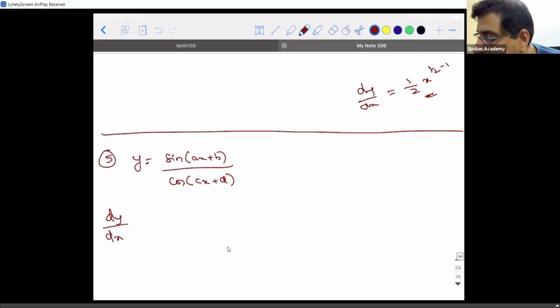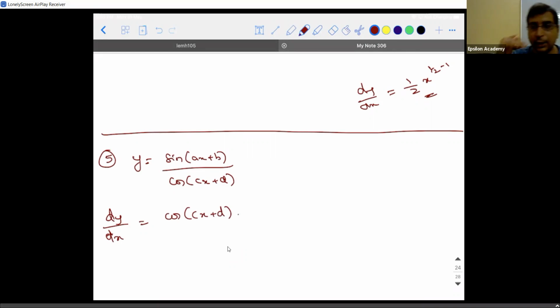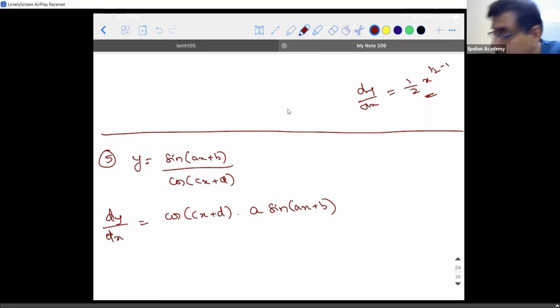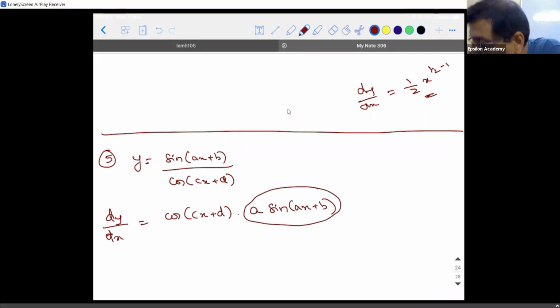Who can tell me? It is cos of cx plus d into, that is denominator into the derivative of numerator. Correct? So what is the derivative of numerator? That is sin of ax plus b. I am directly writing it with the hope that you people understood. Means here you need to apply chain rule. It will be a into cos of ax plus b.